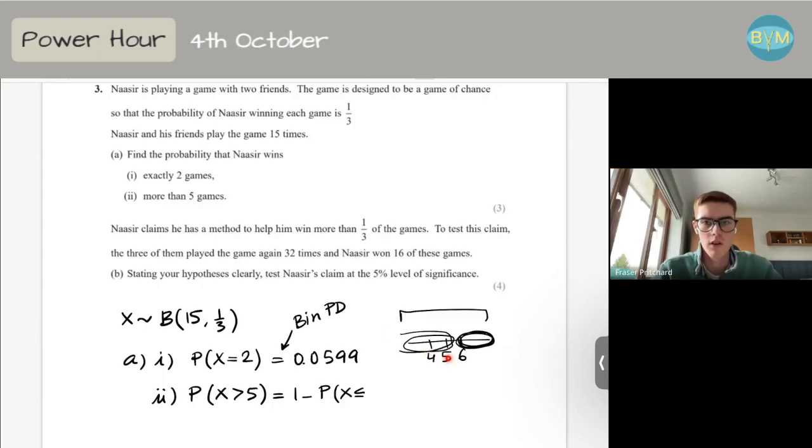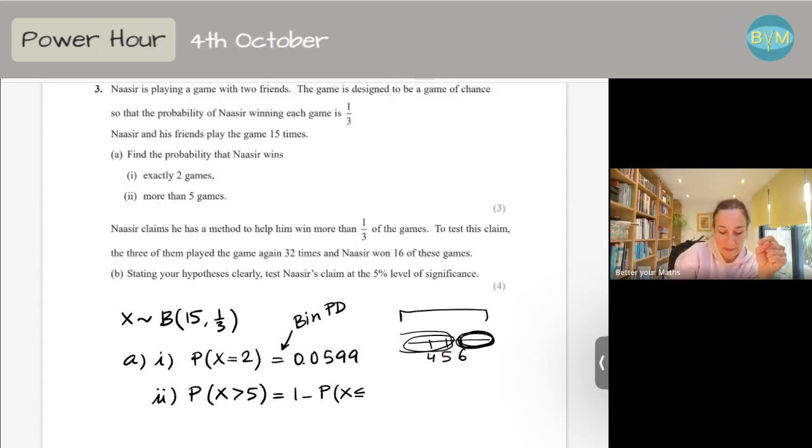Oh, so it's the 4. It's the 5. You say 6, no? But if I need greater than 5, it means 6 or more. So if I do the 1 minus, it is 1 minus the other bit, which is up to 5. So this is what I have to find.